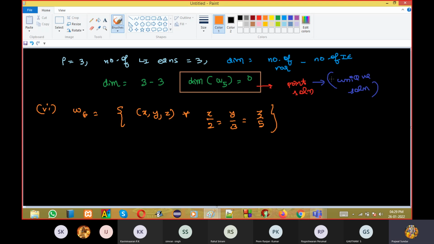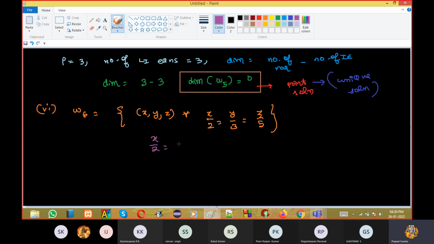Can someone tell me the answer? What is the dimension of this subspace? One, bro. How do you tell it? If x is a fixed value, then y and z depend on x. Very good.